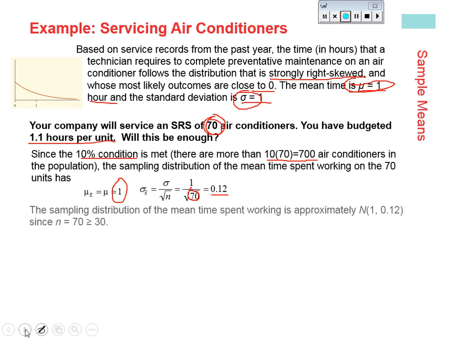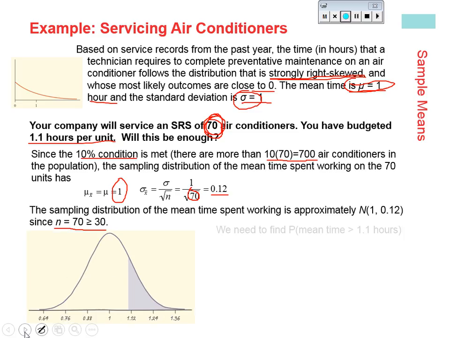As far as the normal condition, notice it said the population distribution was strongly skewed right. However, because the sample size is 30 or more, in this case 70, I can assume that because the sample size is so big, the sampling distribution will be normal. That allows me to answer this question.